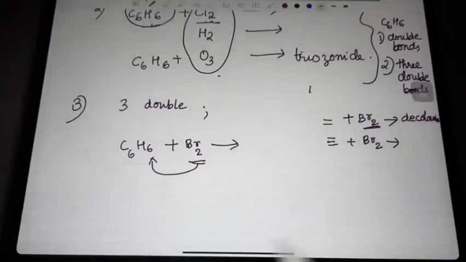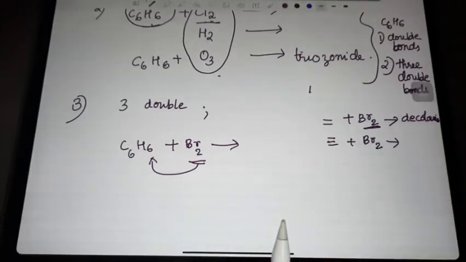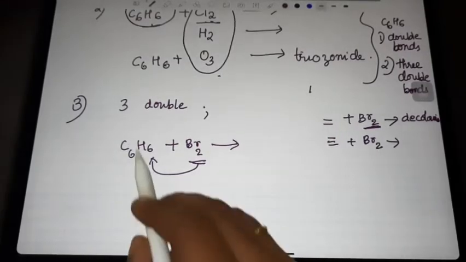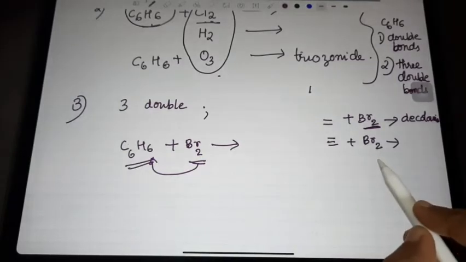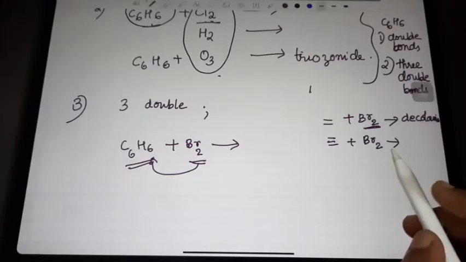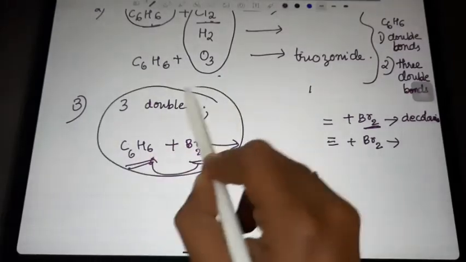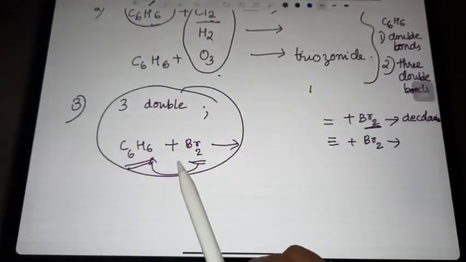Or bromine in CCl4, that time also you can't see the decolorization. So you can understand that the double bonds in this benzene are not the same as the double bonds in alkenes.